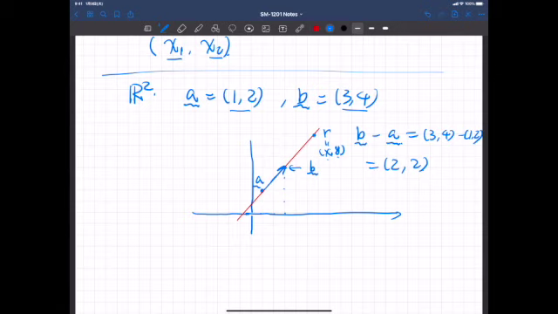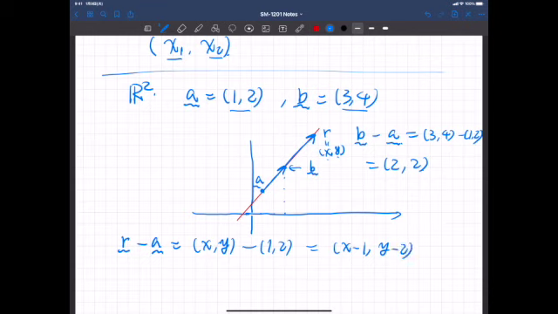If we take the vector from A to R, then that should be R minus A, and that is (x, y) minus (1, 2). So that is (x minus 1, y minus 2).